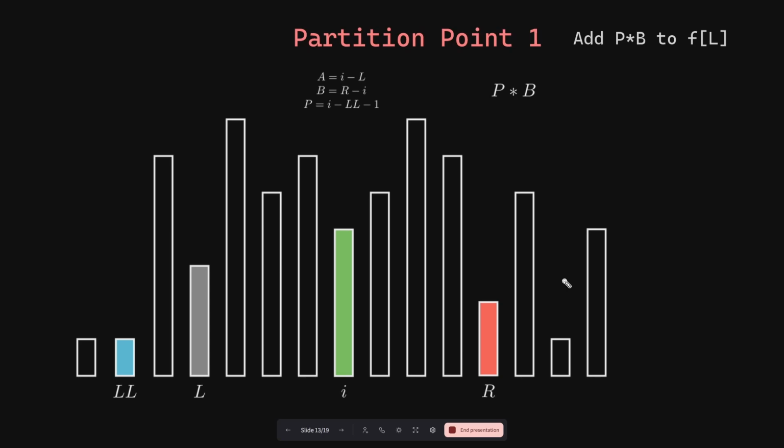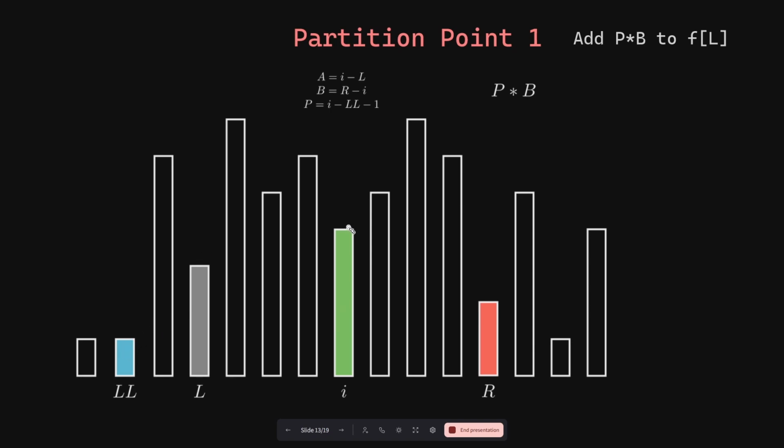Now, what happens when the partition point is deleted? That is, this element was the red bar previously, and this was the PSE of this green bar. But what happens when this PSE itself is deleted? What will be the contribution of this green bar in this new array of n minus 1 elements where its PSE no longer exists?